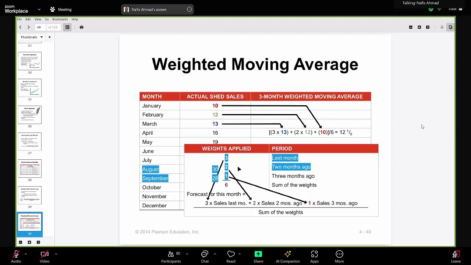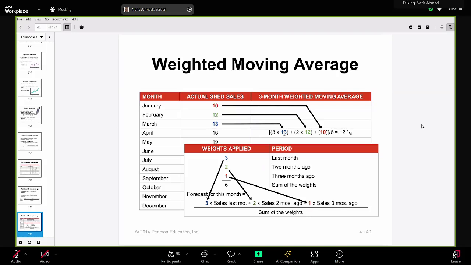Say, for example, you want to give 50% weightage to last month's data, or last week's data, or yesterday's data, 25% to the data of 2 months ago, and only 25% to the data of 3 months ago. This is the way you use weights to give more importance to recent data and less importance to older data.